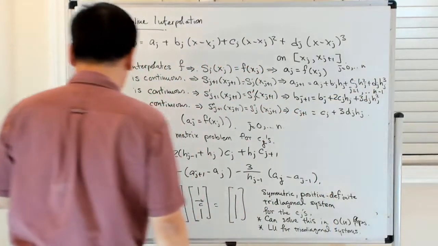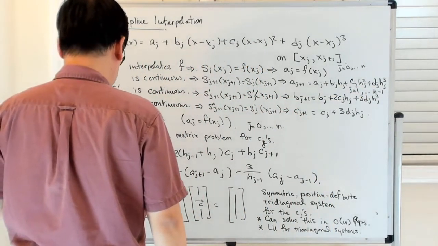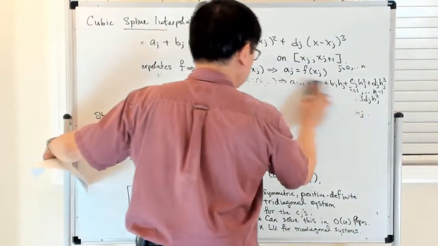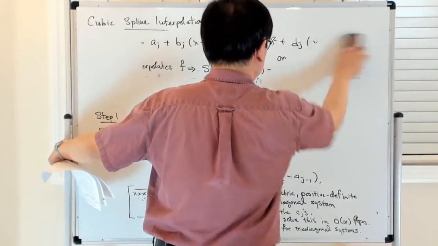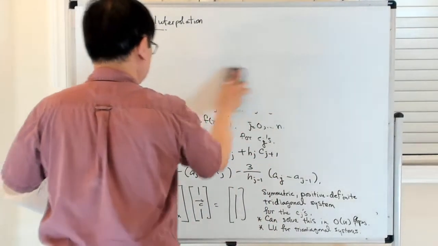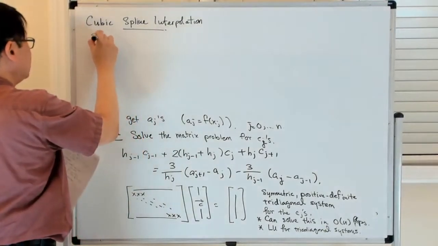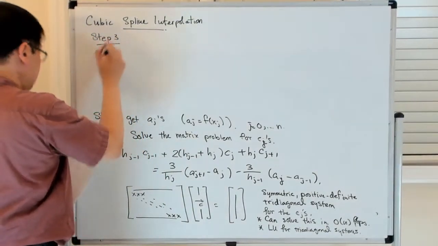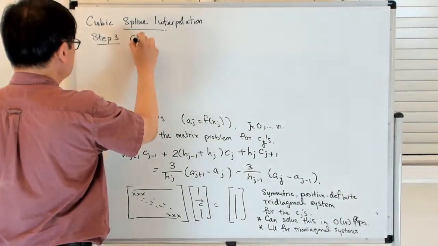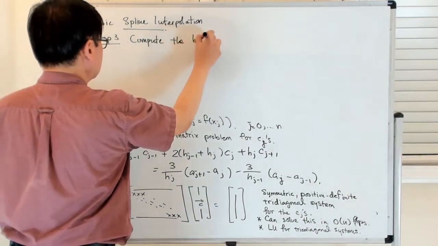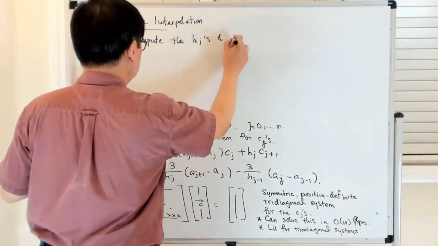So let me write down step 3 first. Step 3 is as follows: you compute the Bj's and Dj's.